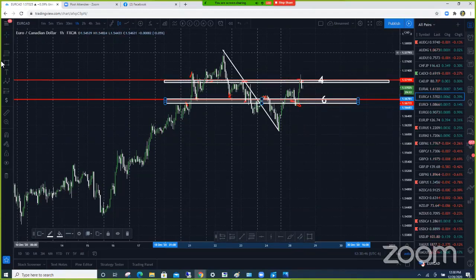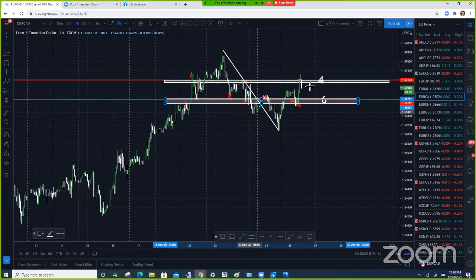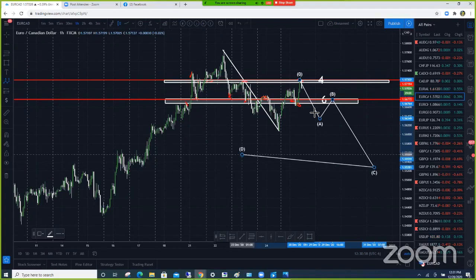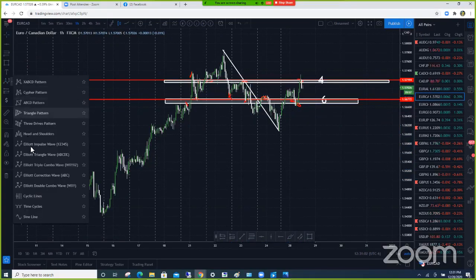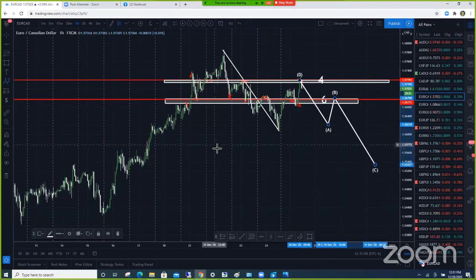One thing you can do is wait for price to break the next zone down, retest, and then let it continue to sell.